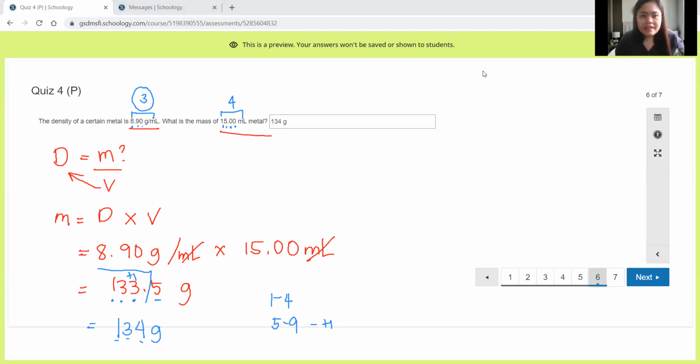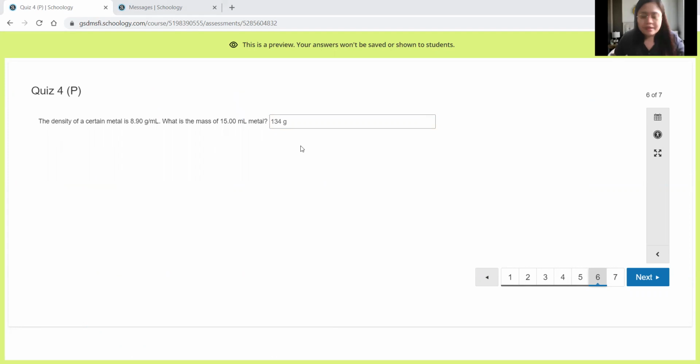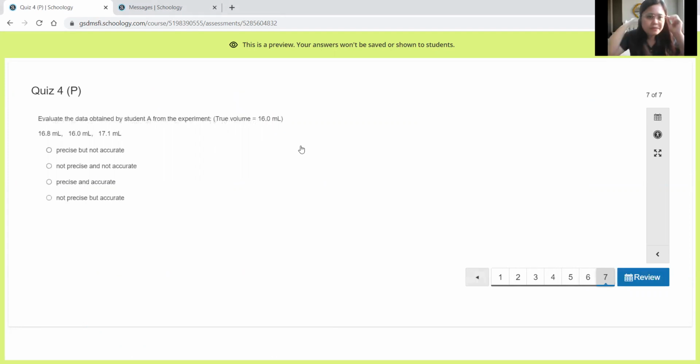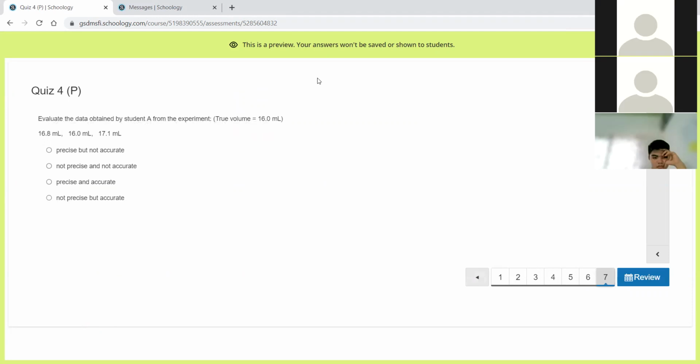Last na ni siya. So I think this is about accuracy and precision. Sa ganitong kalahian nila, pag moingon ka og precision class, kung precise na siya, meaning ang mga given nimo are close to each other. Pero pag moingon ka og accuracy, dapat ang mga data is close to the true value.